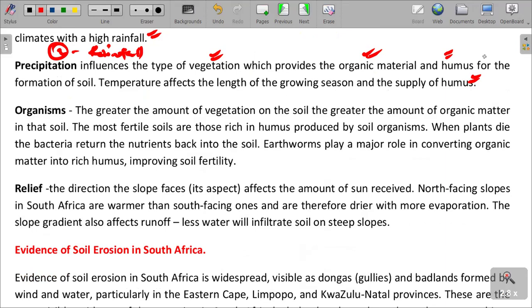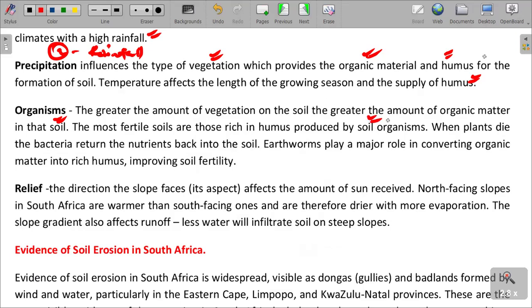Microorganisms: the greater the amount of vegetation on the soil, the greater the amount of organic matter in that soil. I'm sure this is quite understandable, because vegetation provides the decomposing material. It also provides habitat for other organisms needed in the process of soil formation. Most fertile soils are those rich in humus produced by soil organisms.